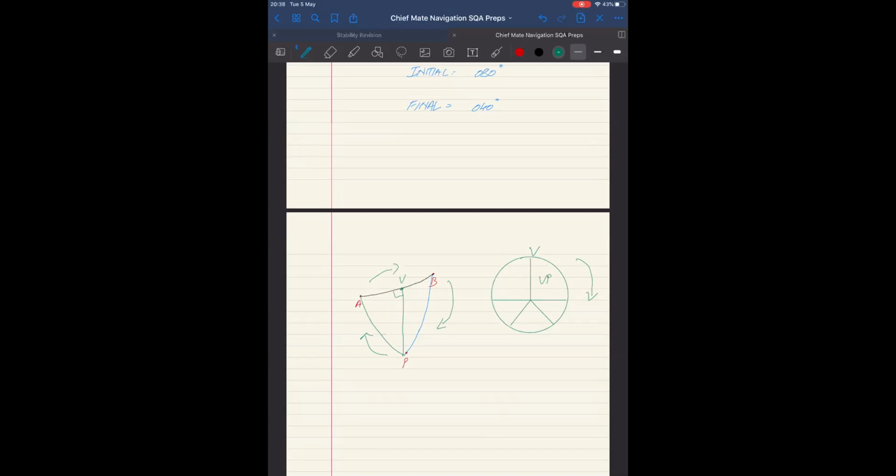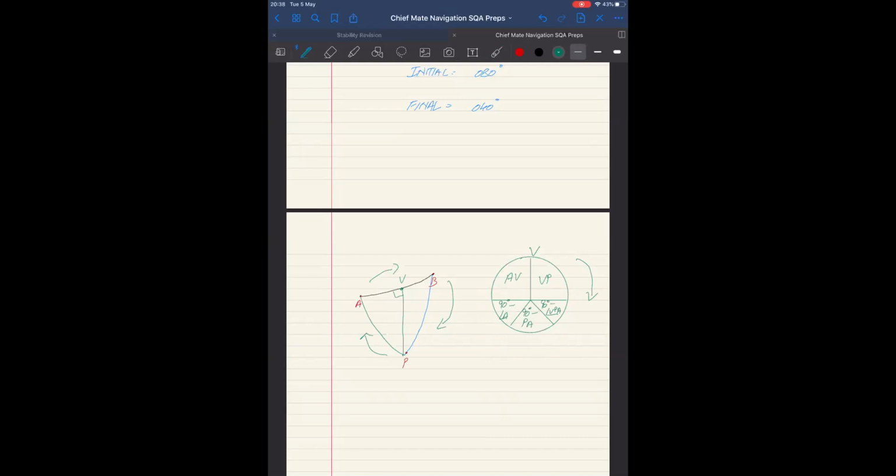The next thing is the angle VPA. The next thing is PA, then angle A, and then AV. We know that everything in the bottom half is 90 degrees minus. 90 degrees minus, 90 degrees minus, 90 degrees minus.